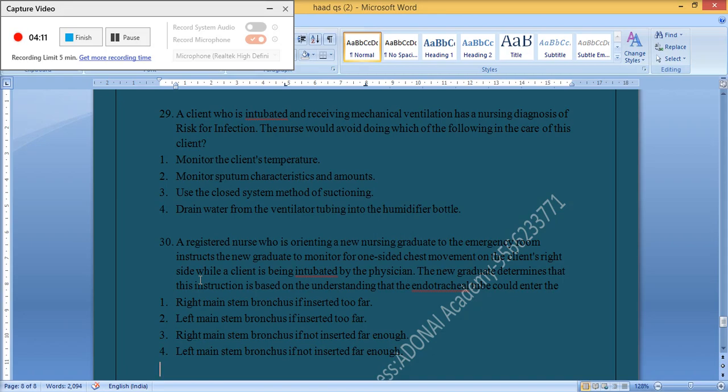Right main stem bronchus if inserted too far. 2. Left main stem bronchus if inserted too far. 3. Right main stem bronchus if not inserted far enough. 4. Left main stem bronchus if not inserted far enough. The correct answer is 1. Right main stem bronchus if inserted too far.